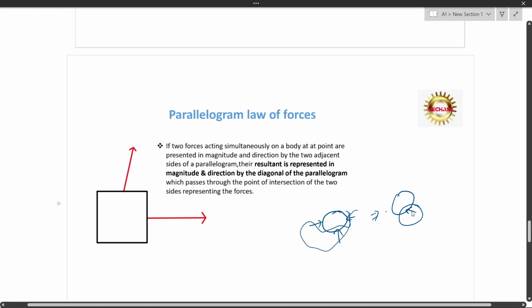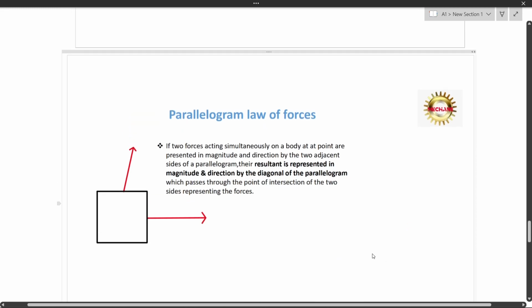So this force has to give the same effect on this body as these three forces combined. So this is what a resultant is about. And by using this law, we can find the resultant force value.